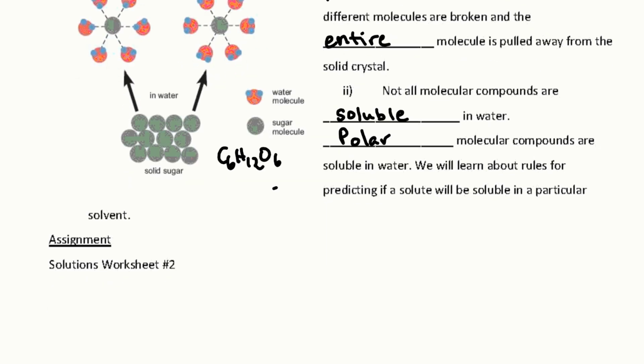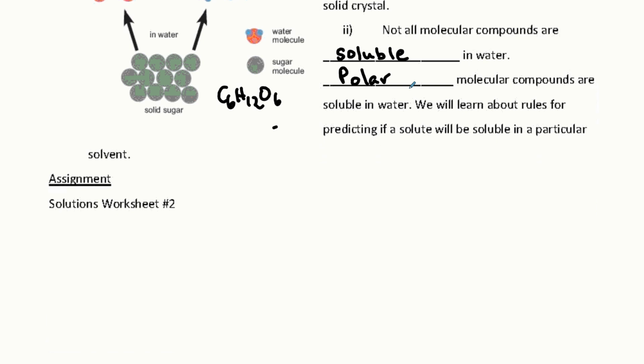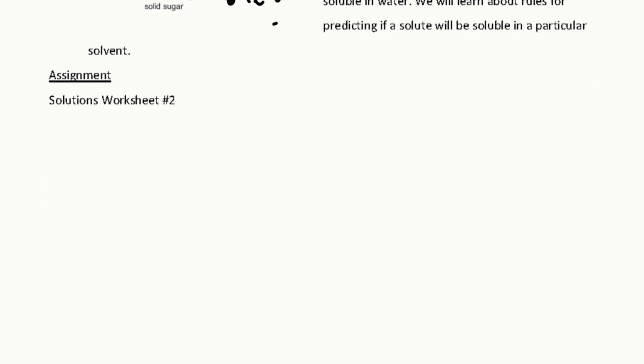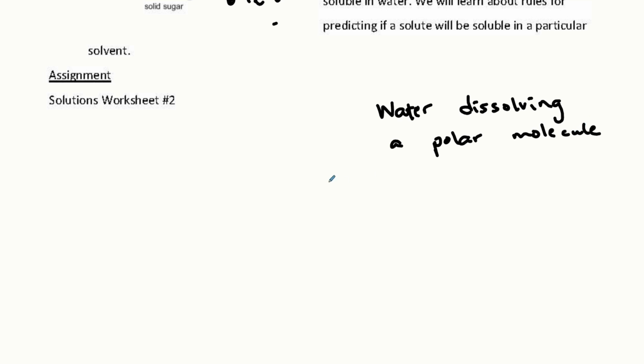So down here, I want to show you why a polar molecular compound is soluble in polar water. What is actually happening if we were to zoom in? Let's say water dissolving a polar molecule.